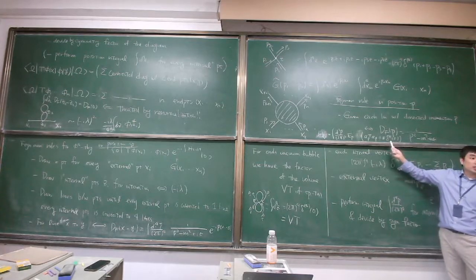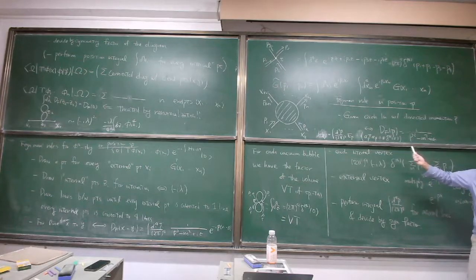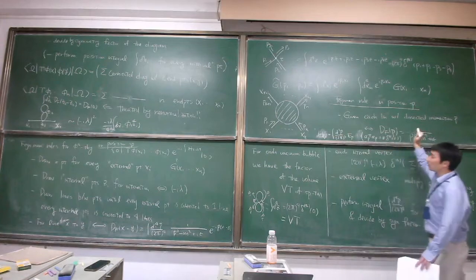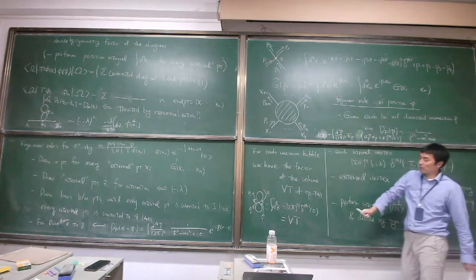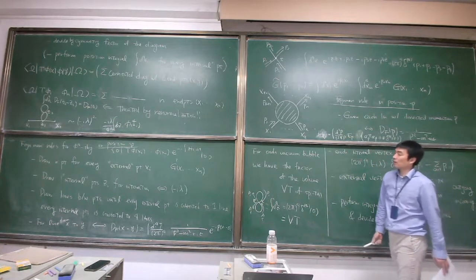We treat this delta function as the volume of space, and then we put in the normal ordering and just get rid of it. That's what we did. So this delta function is the same kind of thing.